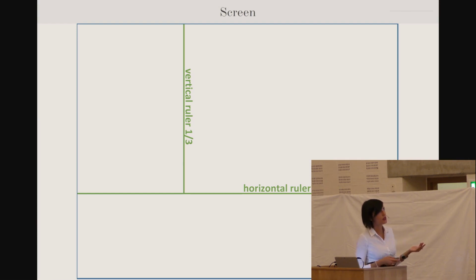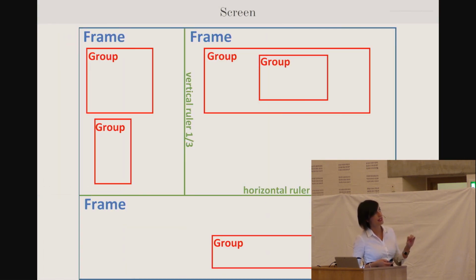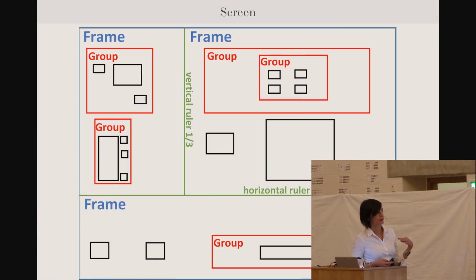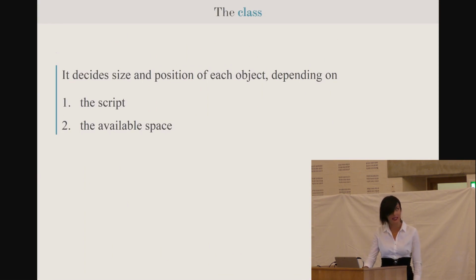And using these rulers, I build 3 frames, and I put groups inside them, which are composed by fields. And this is exactly how I organize my space into the script. So the class, using the script, will decide size and position of each object, depending on the script and the available space.